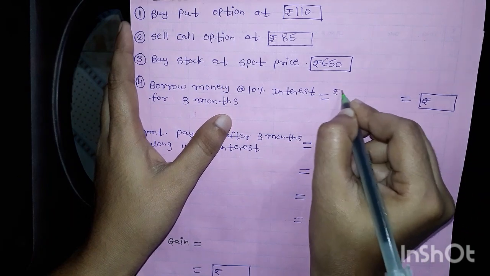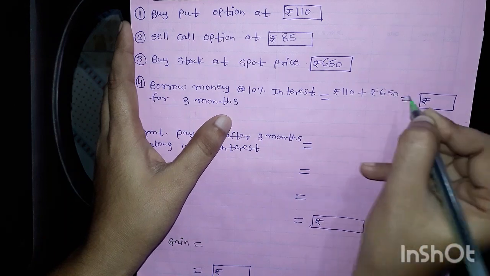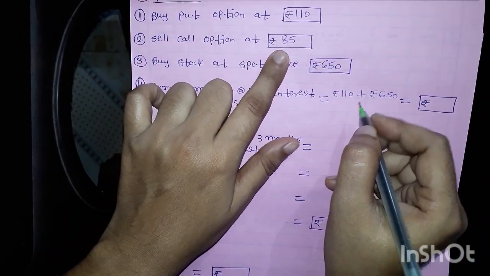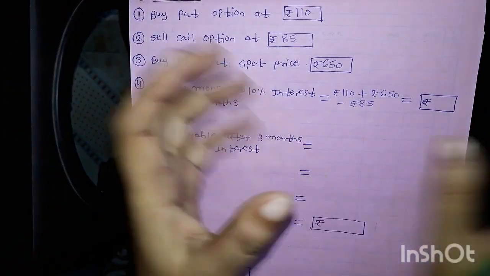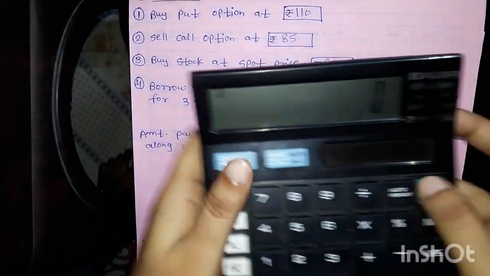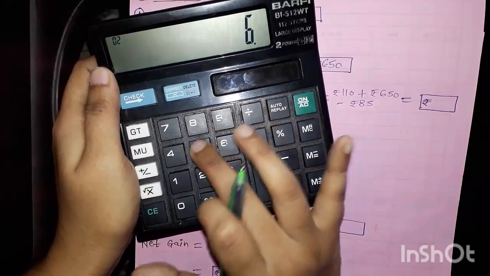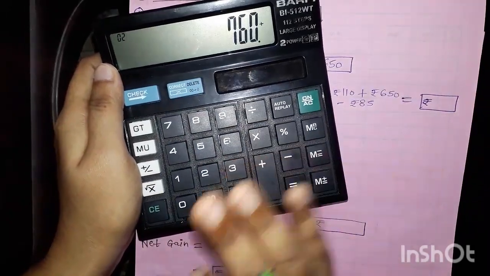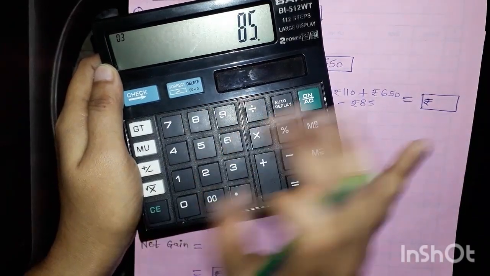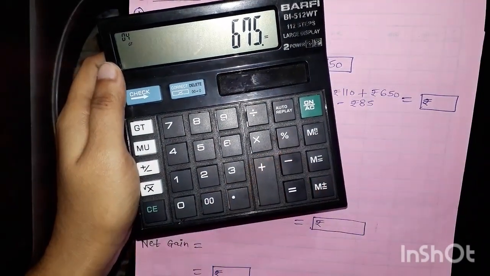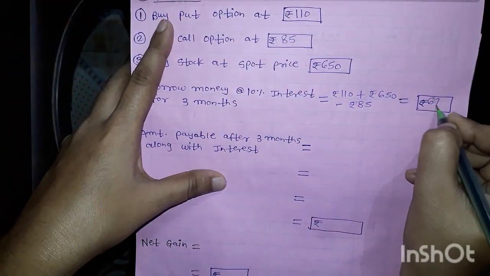So 110 plus 650, this much money we require, but from that we are getting 85 from this sale, so I am going to deduct it. 110 I want for buying the put option, 650 for buying the stock, so the total requirement is 760, but from that I got 85 from the sale of the call option. So my requirement is 675. So rupees 675 is my requirement.